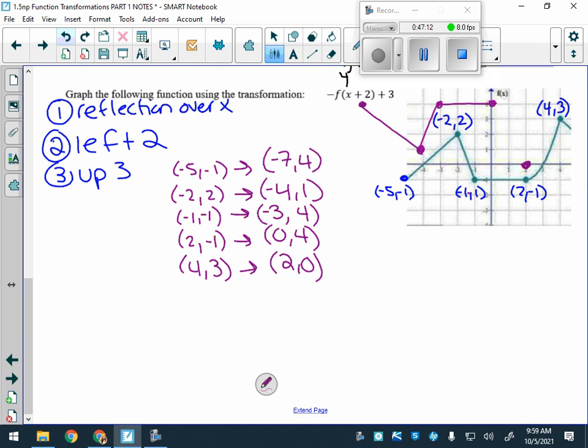And then this one, if it was 5, 2, it would be 3, 1. So that's what the graph would look like when you graph it. It shows the reflection, up 3, left 2.